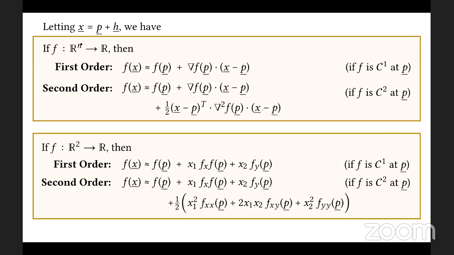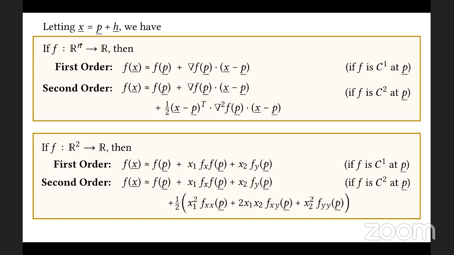Questions? Yeah. Wait, aren't the terms for the second order, aren't they like the gradient times x minus p squared? Why is it dotted twice with an x minus p term? Because you have x minus p transpose, then you got it with the second order gradient, and then you got it with x minus p again. Mm-hmm. Like, let's say you have a series centered at 0, and then you try to find the approximation at pi over 2.